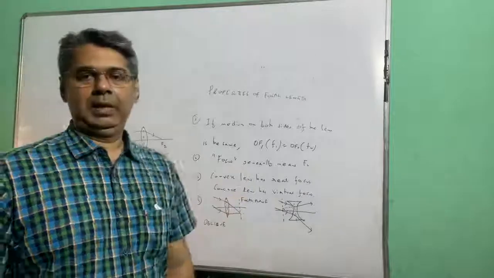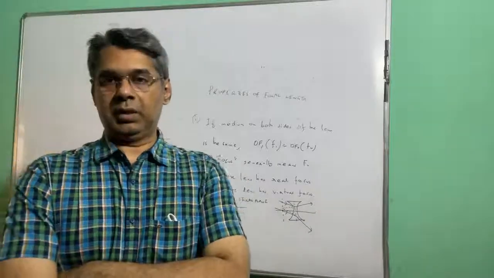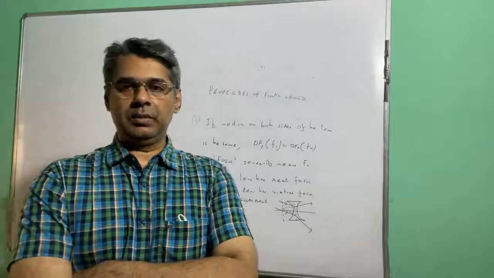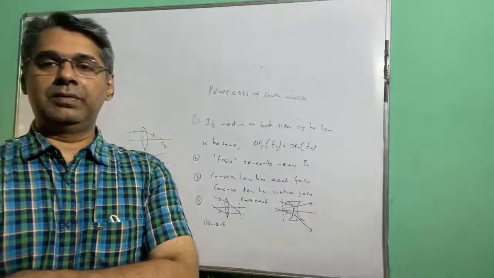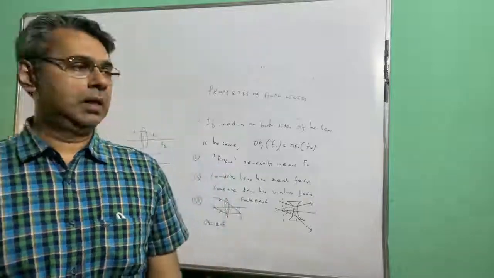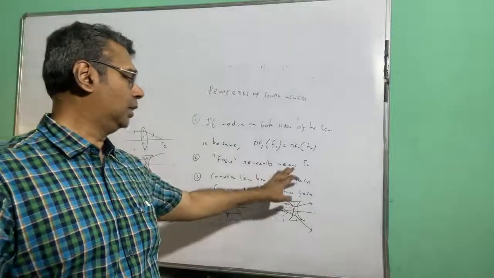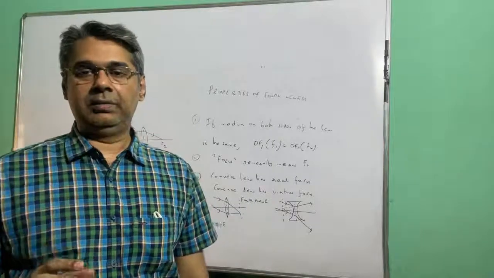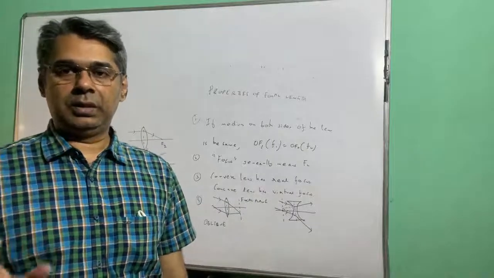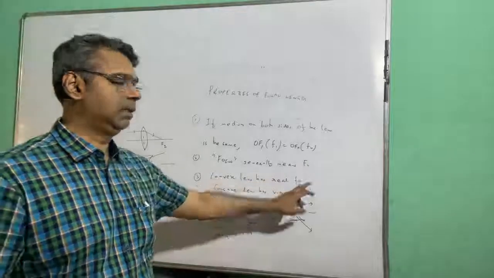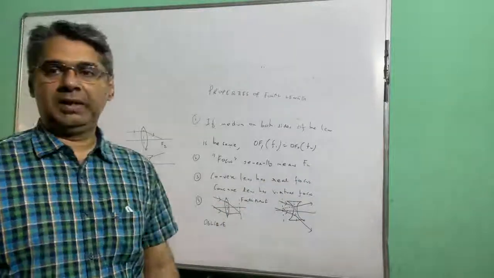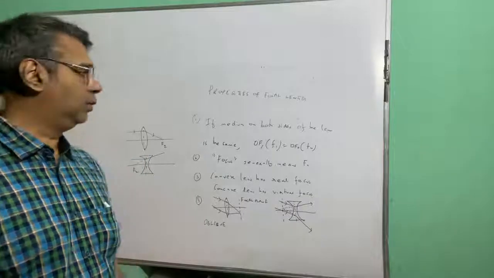Secondly, if you ever hear the word focus in a very general sense, like in some discussion or question, whenever you hear the word focus, it means F2. Generally, if you hear just the word focus, we are speaking about F2.